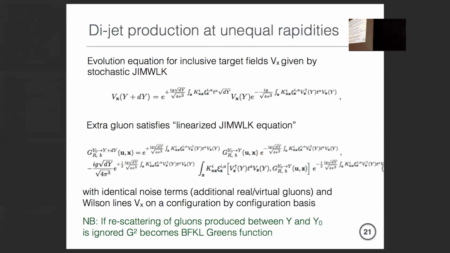There can be fan diagrams or even loops; it's the same logic. So AGK seems to work for single gluon production, but here somehow it doesn't work. I have no idea. Ultimately, if you just want to plug and chug into the computer, it doesn't matter. In terms of understanding what goes on, I don't know.